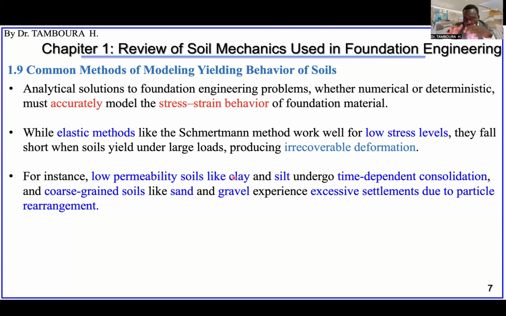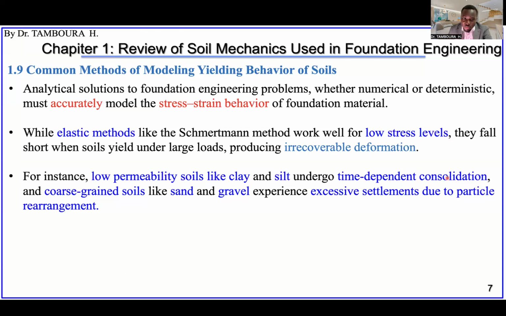So when you build any structure on a clay layer, the water inside that clay will take a longer time to get out. If it was sand, it is very fast, quickly it will go out. But for clay, it takes longer. So that's why we will have time-dependent consolidation. So the settlement will depend on time.